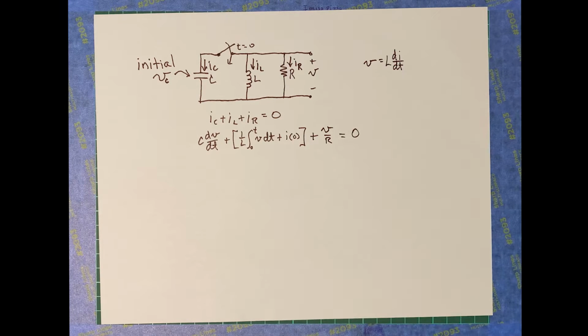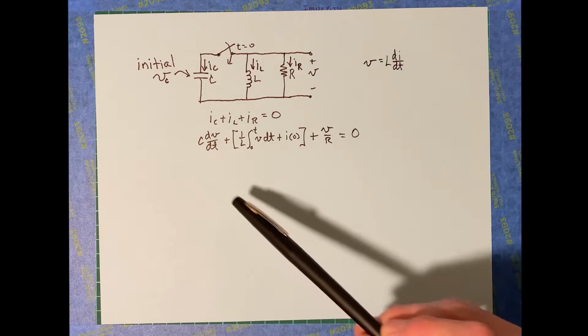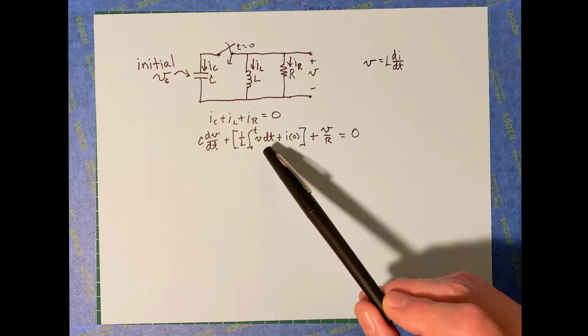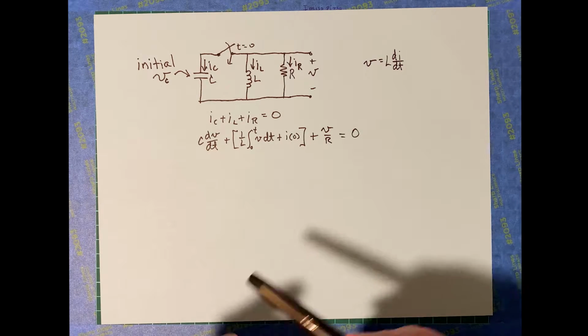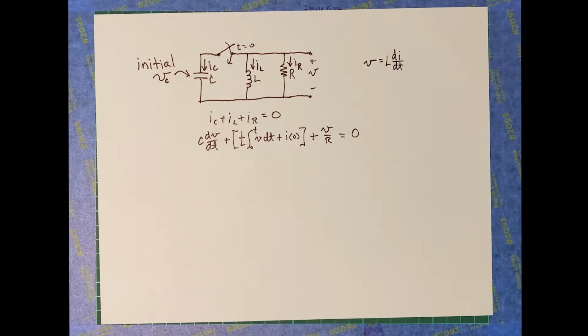This would be our equation of state, but this is a difficult equation to solve. We need to do something to it first before we can hope to get a solution, because it has a first order derivative and an integral in it. So the common way to fix this is to take a derivative of it, differentiate it one more time with respect to time, and that eliminates the integral.